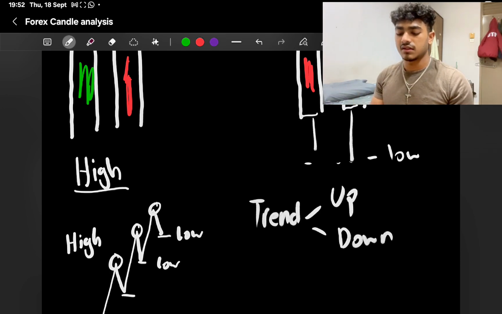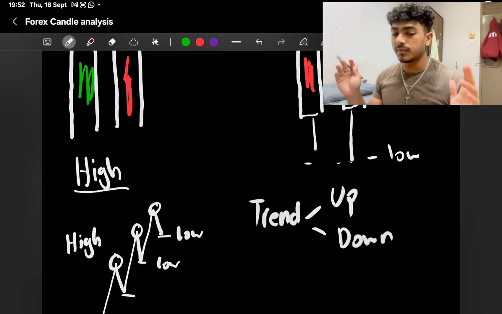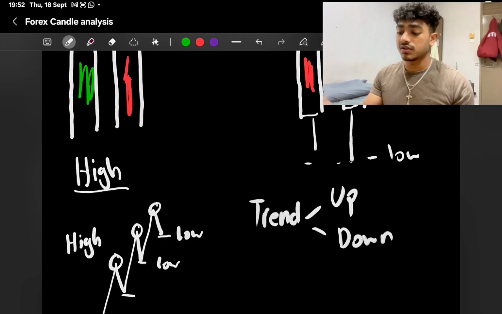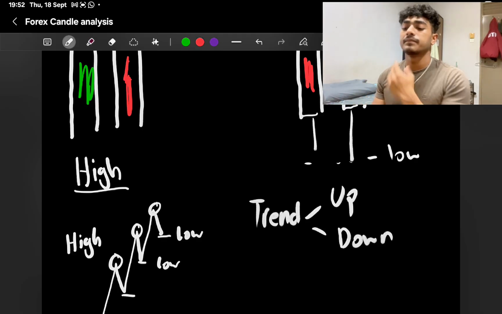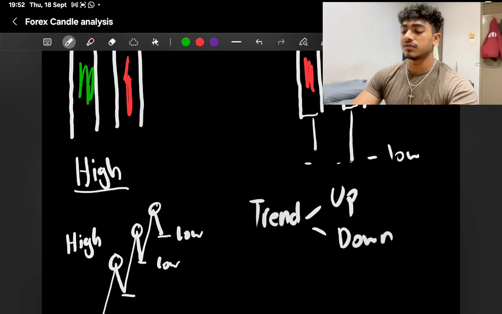Let's say 4 hour is bear, 1 hour is bull, and I'm going to trade in the 1 hour or 30 minutes. Most likely it's going to be bull, but I'm going to check again my daily and my weekly. If both are also buy, I'm going to think buy, but be cautious because 4 hour is sell. So you have to be very careful with that.